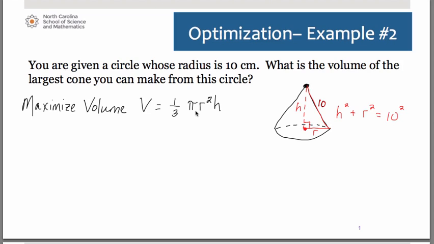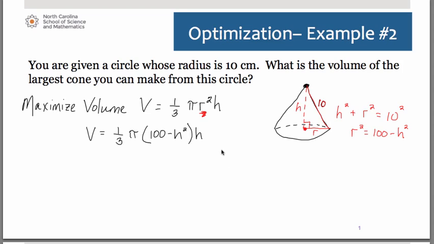What would be really easy, notice how we have an r squared in our primary equation. We could simply eliminate that because we know r squared from our Pythagorean theorem is simply 100 minus h squared. So in place of the r squared in our primary equation, we're going to substitute 100 minus h squared.